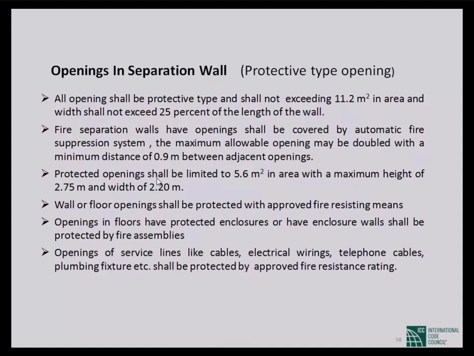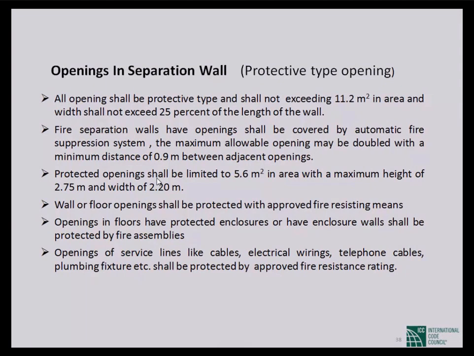So it is related with the fire separation of the wall. If it is detached, I will come again. For a fire separation wall, openings shall be covered by an automatic fire suppression system. The maximum allowable opening may be doubled when the minimum distance is 0.9 meters. So if you increase the distance between the buildings, then your opening may be doubled.